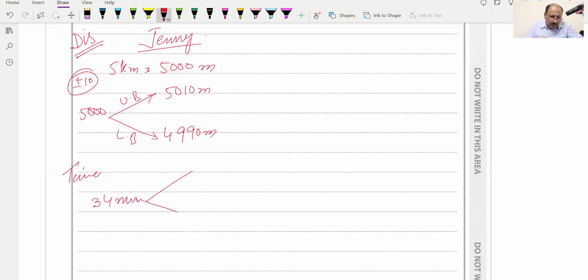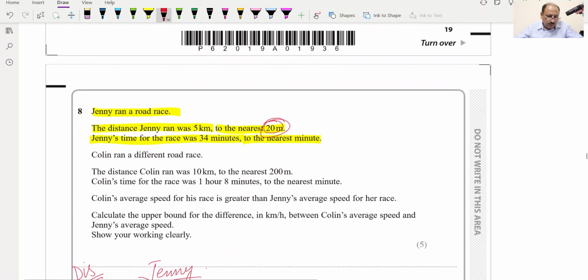We can write upper bound and lower bound, and upper bound will be 34.5. Half minute we will add, so plus minus 0.5 minutes. So lower bound will be 33.5 minutes basically.